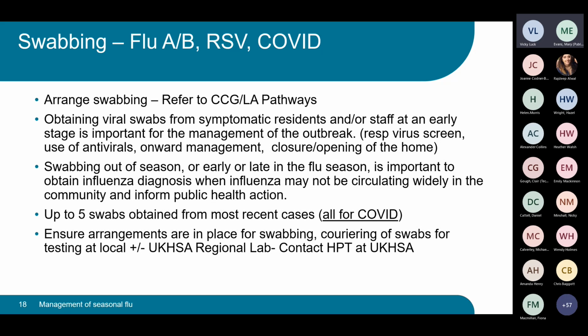And obviously, it will just help decisions to be made around closure and opening of the home. As I say, up to 5 swabs obtained. And referring to your local pathways is really important to work out what's in place for swabbing in terms of transportation of swabs, who does them, and where the results are going to as well.